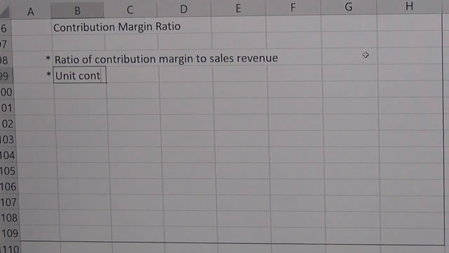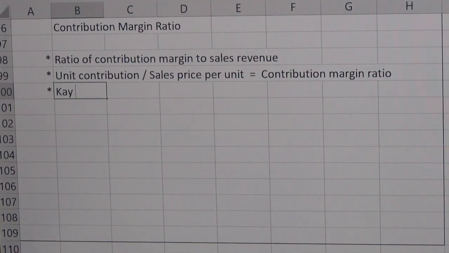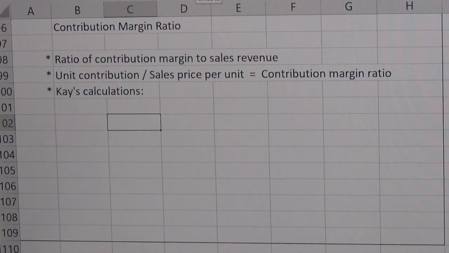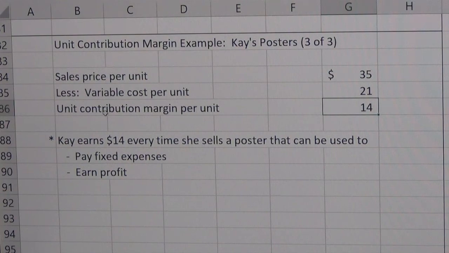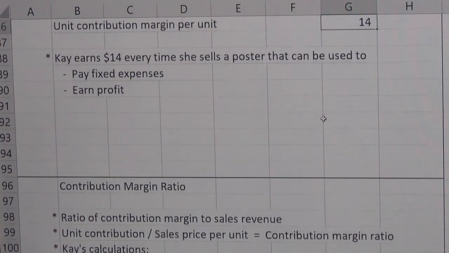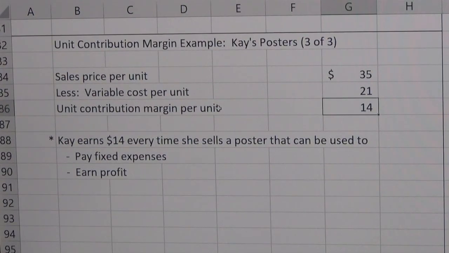The unit contribution divided by the sales price per unit will give us the contribution margin ratio. So K's calculations can be as follows. We're going to take our unit contribution. Let's look at what the unit contribution margin per unit was: $14.